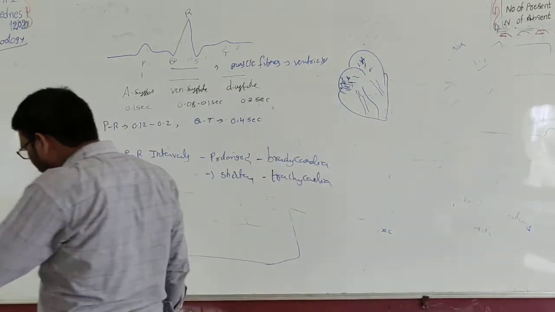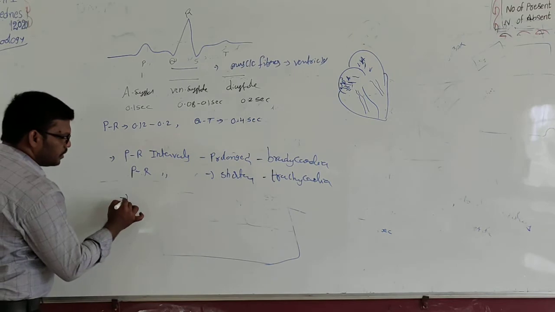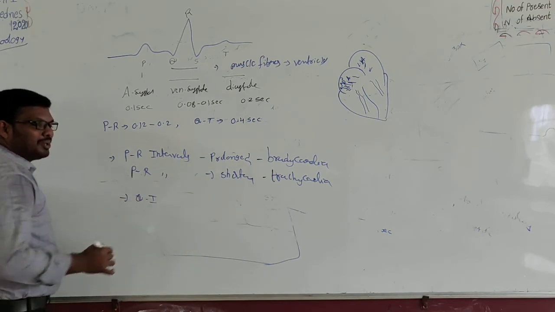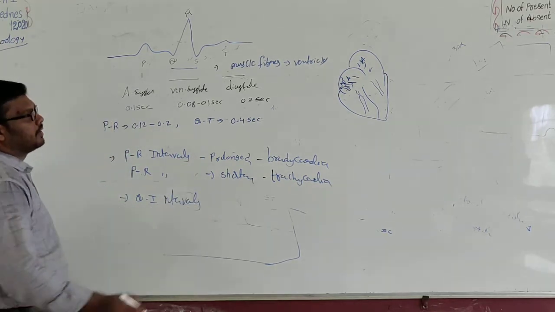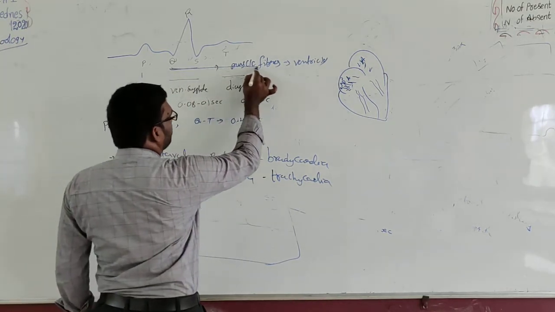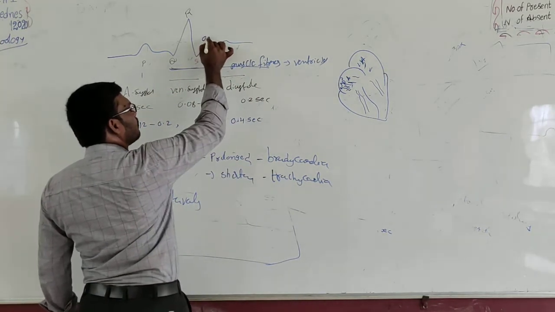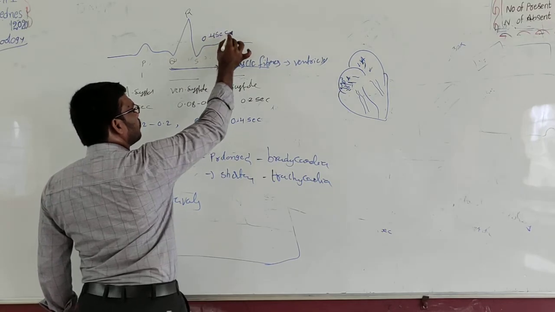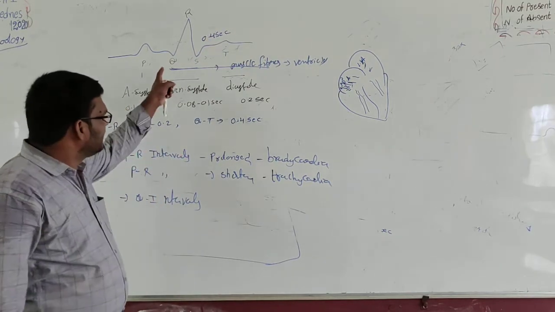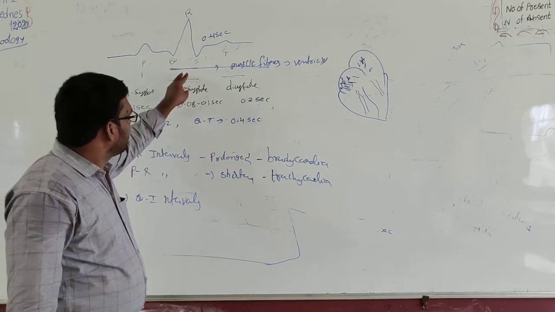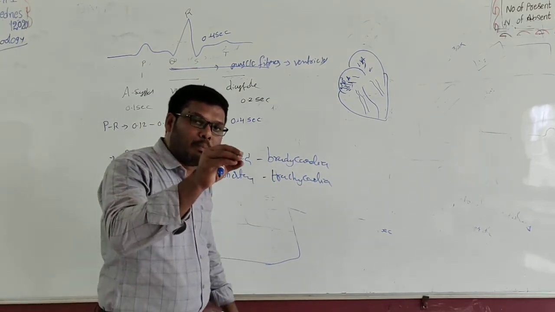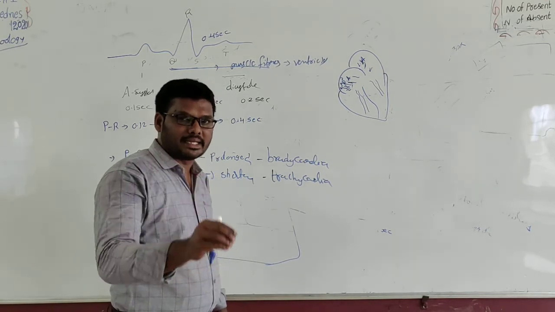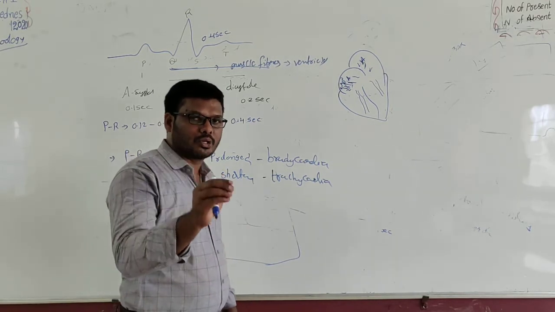And then suppose the QT interval is prolonged. Basically it takes place in how many seconds? 0.4 seconds. I already said, if in this region the time is prolonged, it means a certain blockage is present in the ventricular muscular fiber.